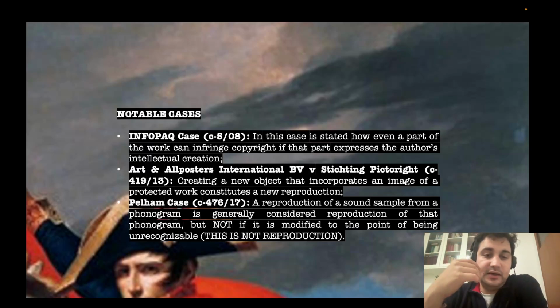Then we would have Art & Allposters International BV versus Stichting Pictoright. This one is remembered as Pictoright, C-419/13, which mentioned that creating a new object that incorporates an image of a protected work constitutes a new reproduction. Okay?